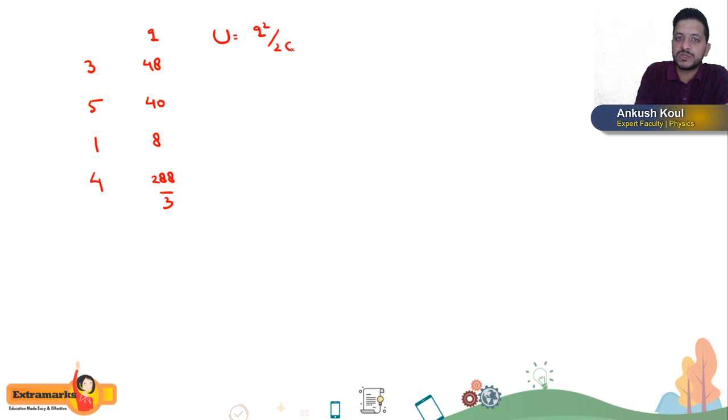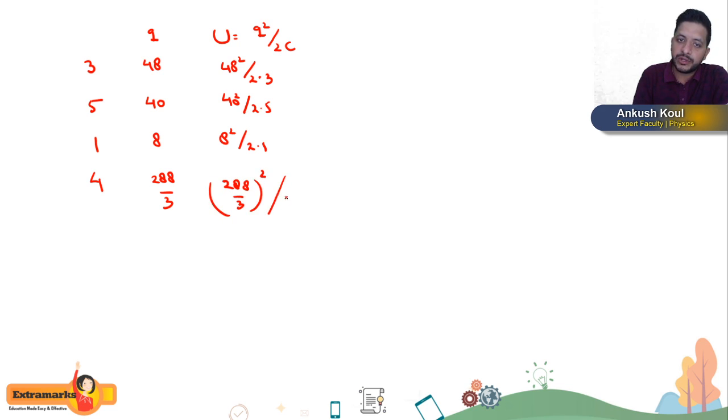Q square by 2C. So 48 square upon 2 into 3. Similarly, this will be 40 square upon 2 into 5. This will be 8 square upon 2 into 1, this will be 288 by 3 square upon 2 into 4.